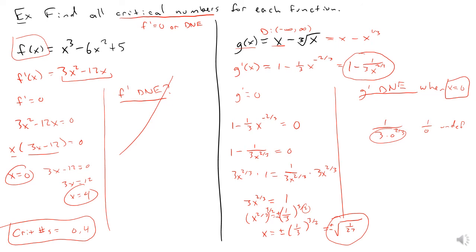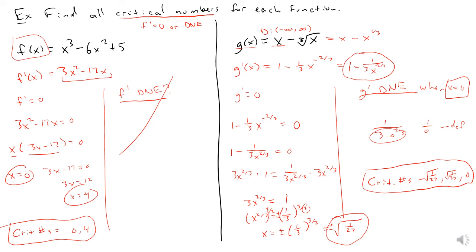So in this example, we got 3 critical numbers. We got the negative square root of 1/27th. We got the positive square root of 1/27th. And we got 0. All 3 of those are critical numbers. And again, keep in mind what that means.